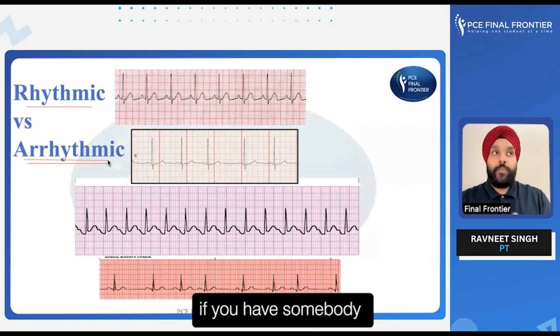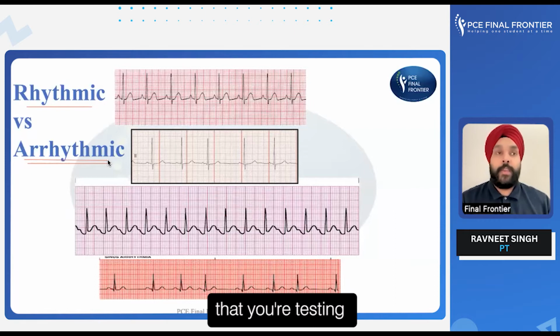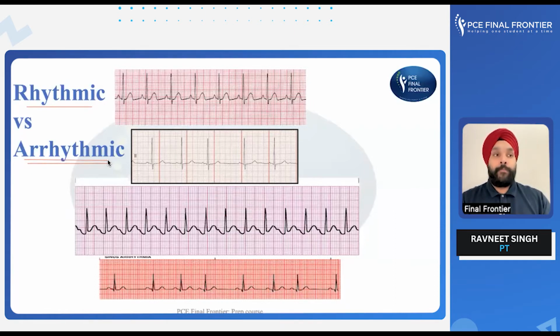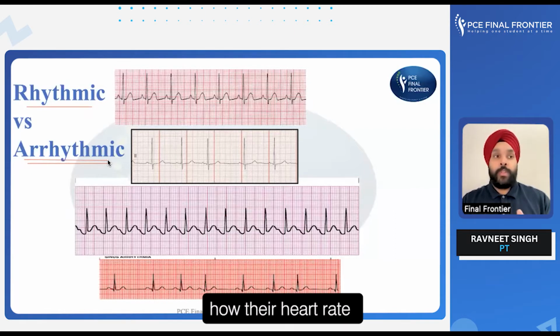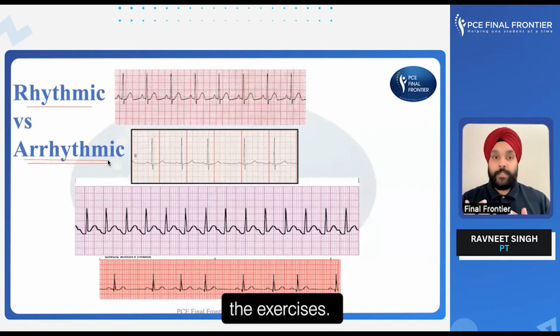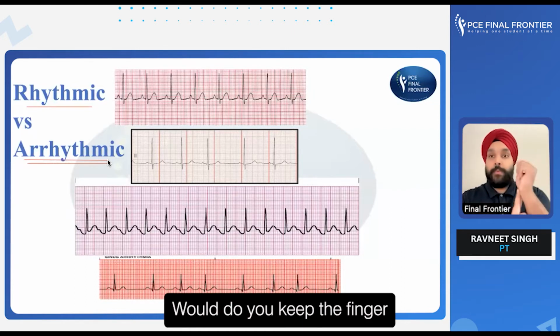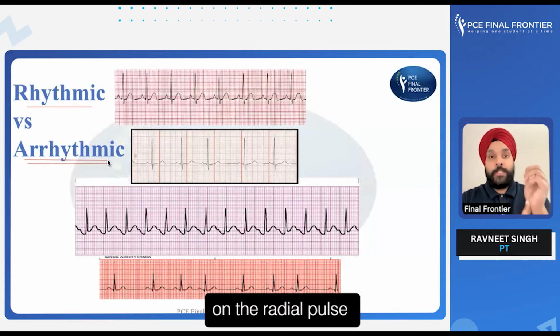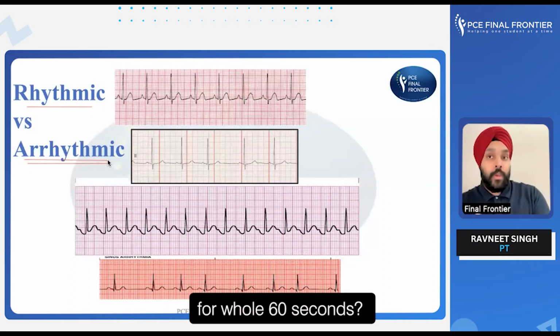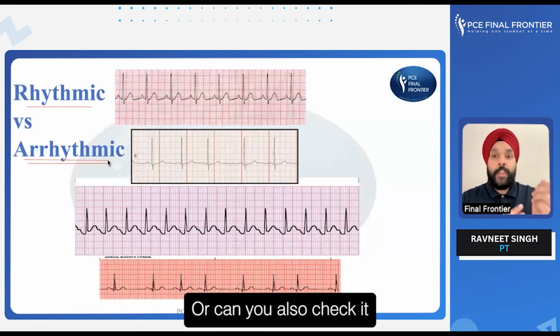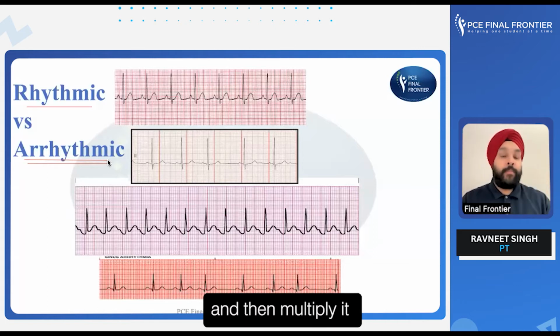So imagine you have somebody that you're testing how their heart rate is responding to the exercises. Would you keep the finger on the radial pulse for a whole 60 seconds? Or can you also check it for only 20 seconds and then multiply it by 3?